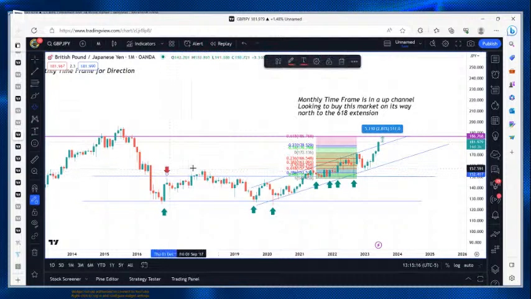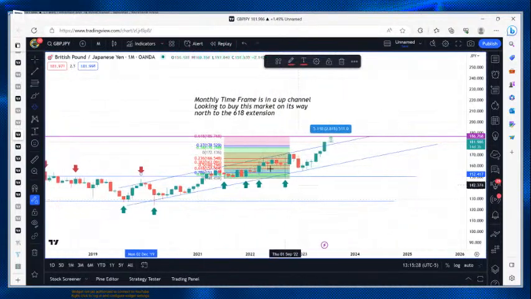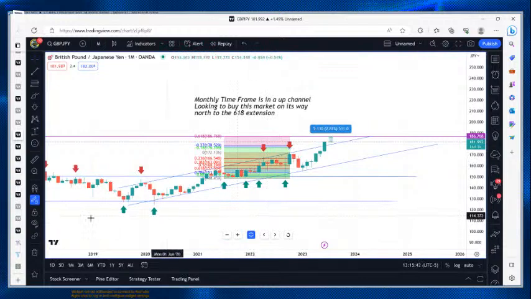Market just never broke above it. Then it actually broke above here. But then we have this angle where we got resistance, resistance, resistance, resistance. Now the market is breaking above what was resistance in this channel going up to the 618. So direction is up.